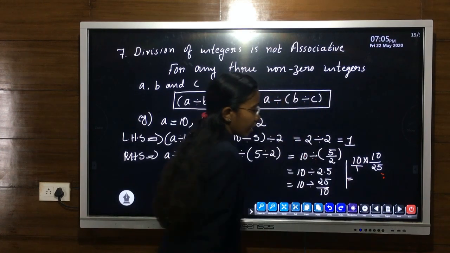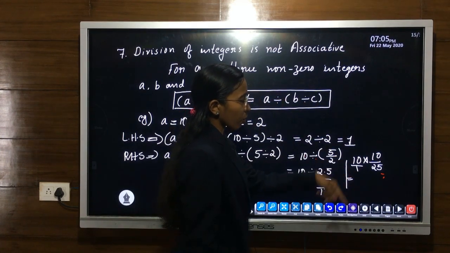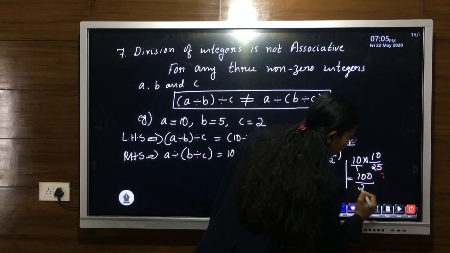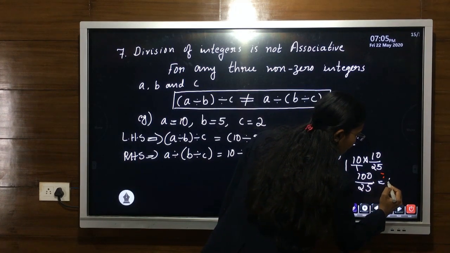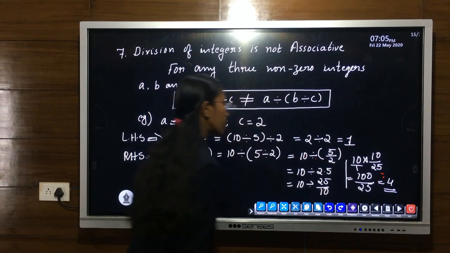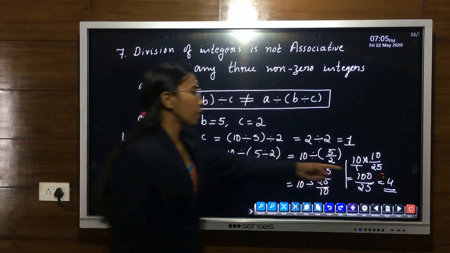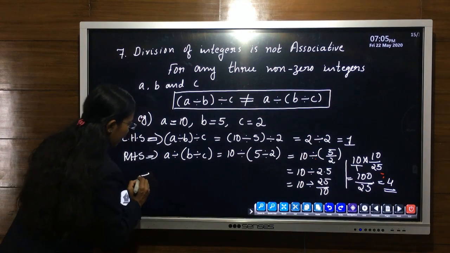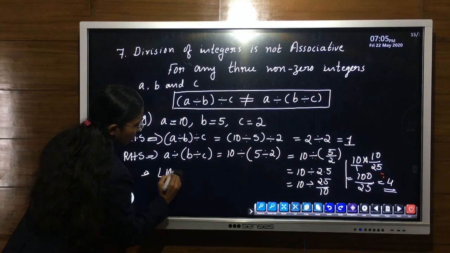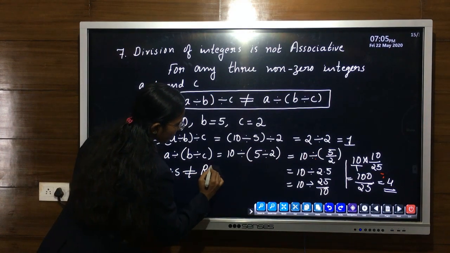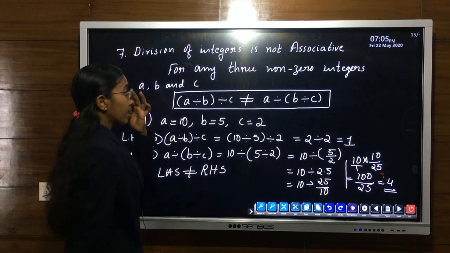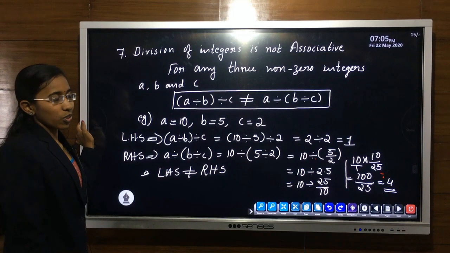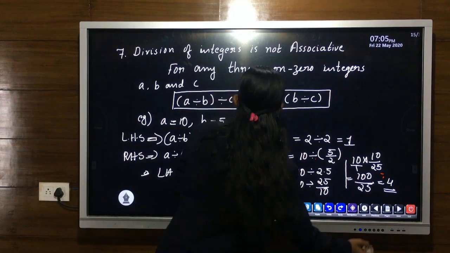Just imagine there is also one denominator 1 and cross multiply. 10 into 10, 100 divided by 1 into 25, 25, that is equal to 4. So our RHS value is 4 and LHS value is 1, which means we can write LHS is not equal to RHS. That is, associative property is not satisfied in the case of division of integers also.